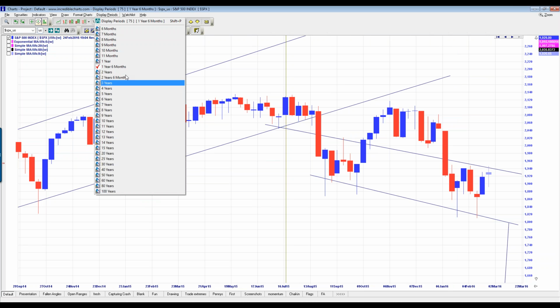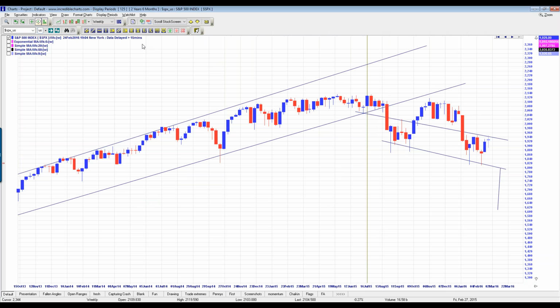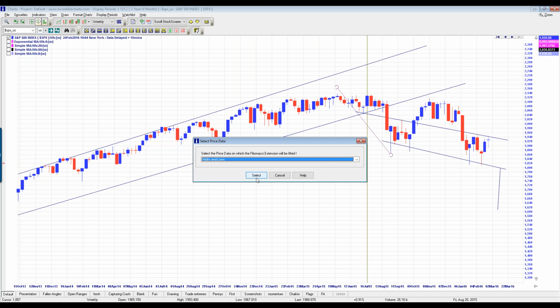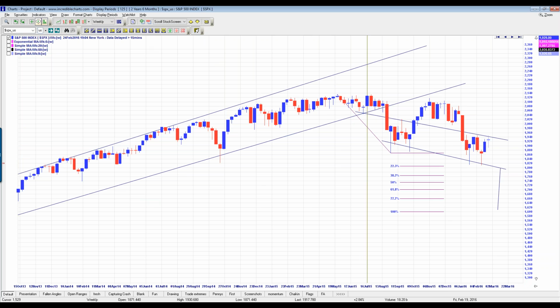Now let's go into one of the most recent measurable moves, which is from peak to reversal point. When we use our Fibonacci extension, we go from the peak to the major reversal point, so from top to bottom, and then we do an extension from there, and you'll see that our 100% Fibonacci is exactly 1600. So we have three levels.